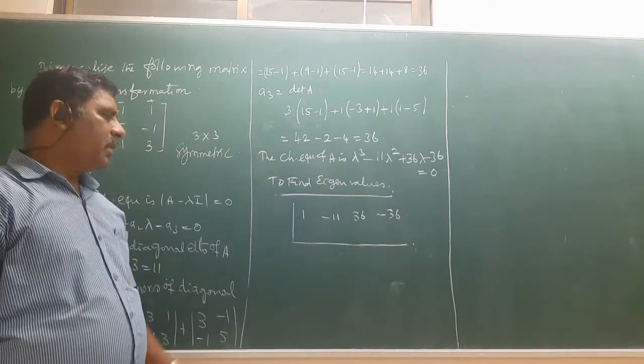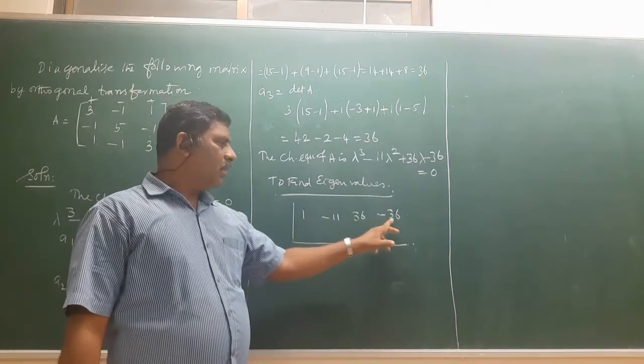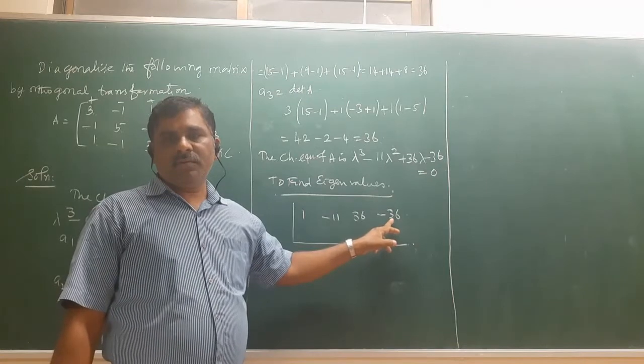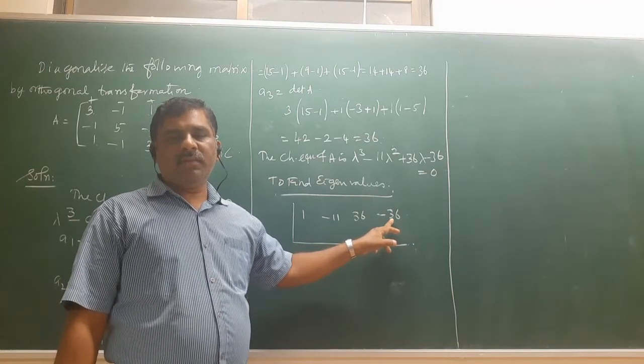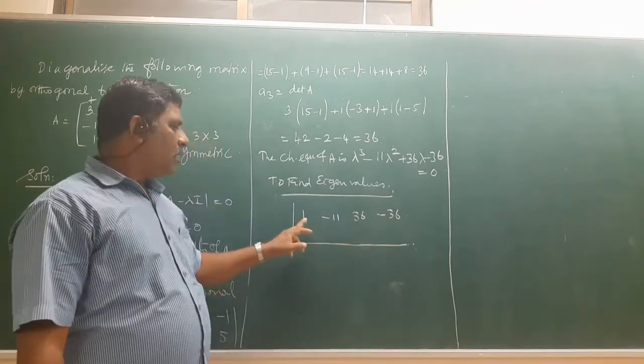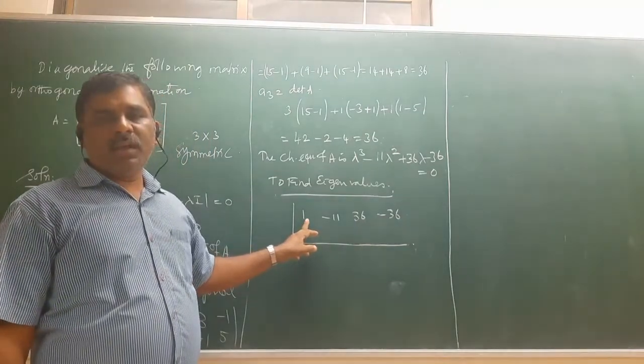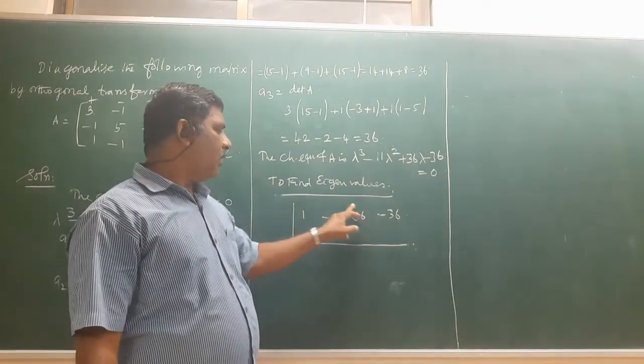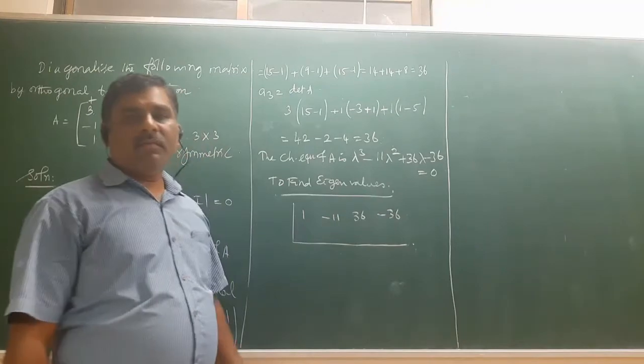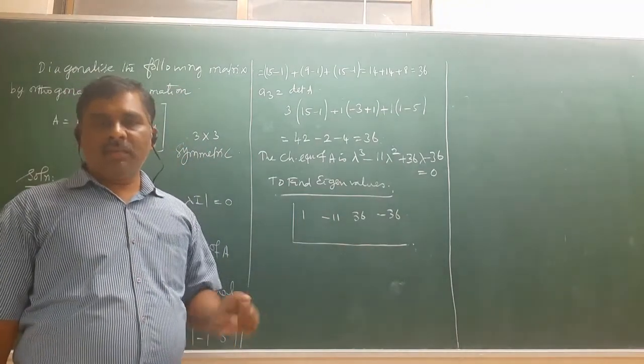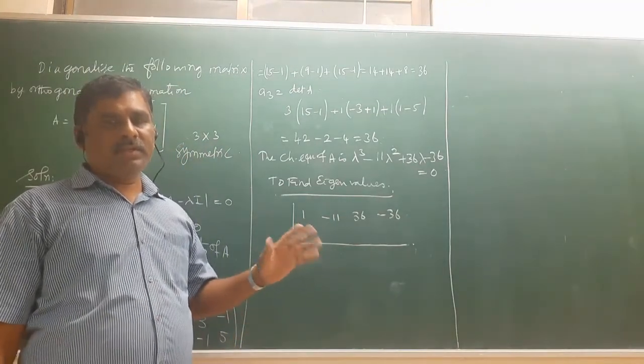First we have to see whether the sum of all the elements is equal to 0, then λ is 1. Otherwise, if you add the alternate elements and both are equal, then λ equals -1. Both are not the case here.